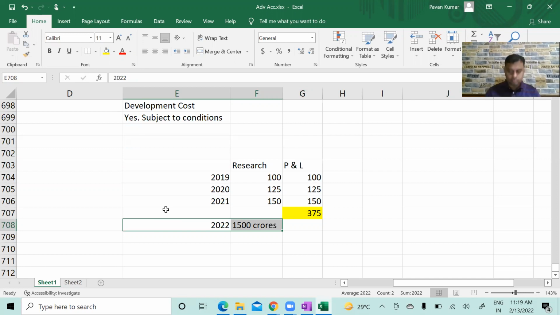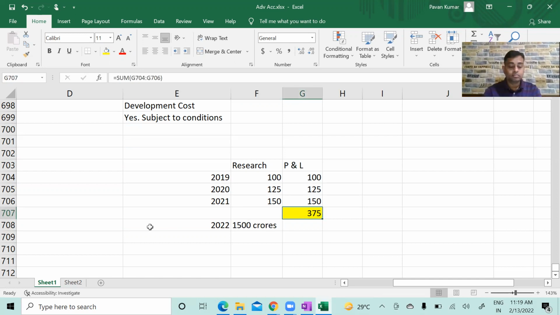Then we cannot. So you mean past expenditure cannot be recognized as an asset? But this is research expenses. So if we are incurring in 2022, then development expenses can be capitalized. Yes. This 375 cannot be capitalized.